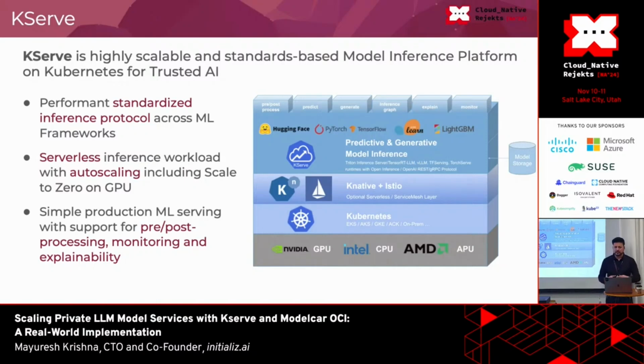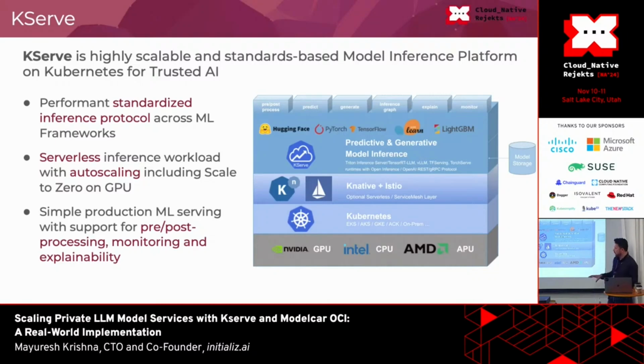So essentially, you can have one KServe setup on your cluster, and you're able to support multiple types of model runtimes on top of it. It gives you additional capabilities, like a serverless construct where you can scale down to 0 for your model inferencing. And it also provides the ability to do pre and post processing on those model inferencing which you are trying to do on top of KServe.